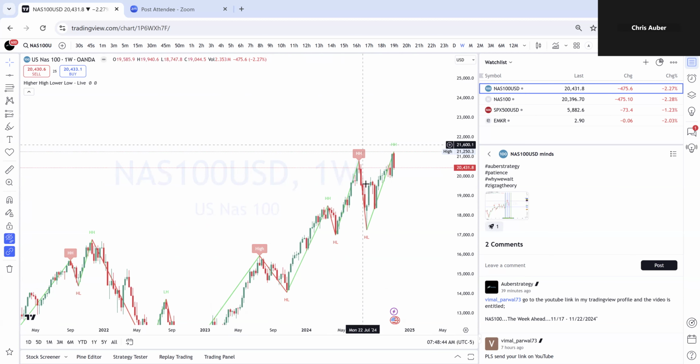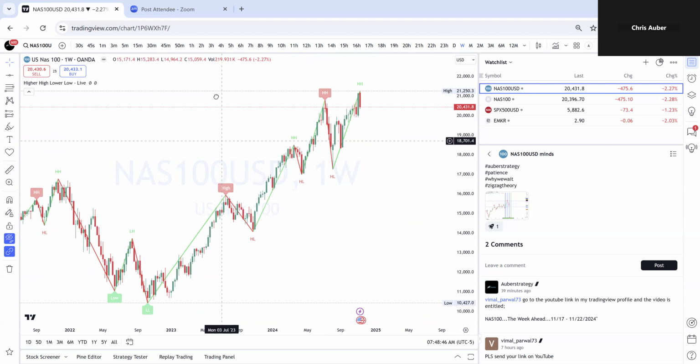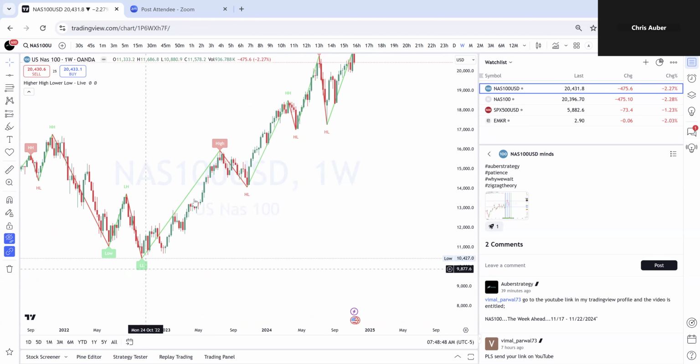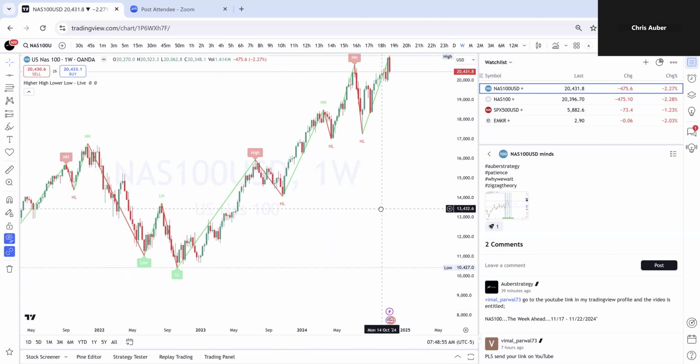Higher low, higher, higher low, higher. And again, last thing, okay, zig, zag, zig, zag, zig. Market does that every single day, every single week, every single month, every single year. All it does, it makes a low, it makes a high, it makes a low, it makes a high. That's it. It's a simple concept.